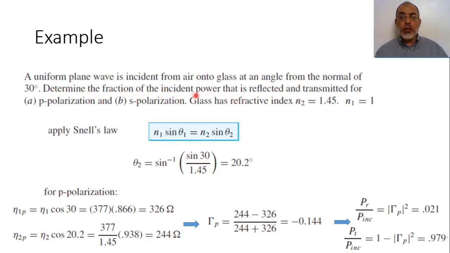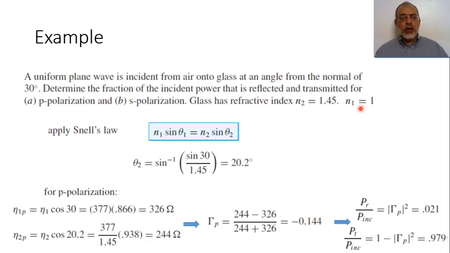Here it is talking about the power, so we should find out the electric field squared, the incident power that is reflected and transmitted for P polarization, parallel polarization, or S polarization, perpendicular polarization. And the glass has a refractive index n2 of 1.45, and it is coming from air, so n1 equals 1.